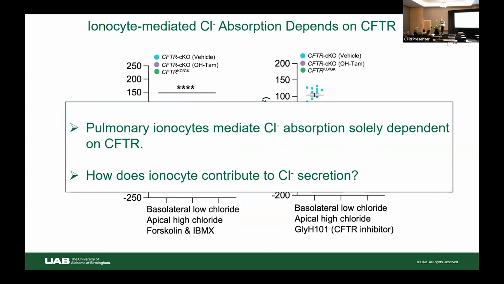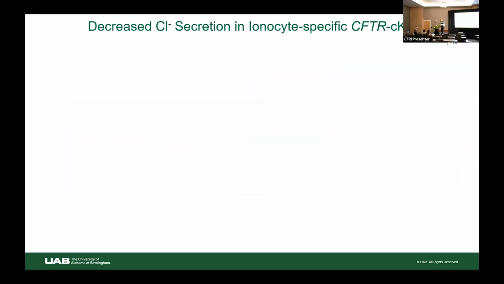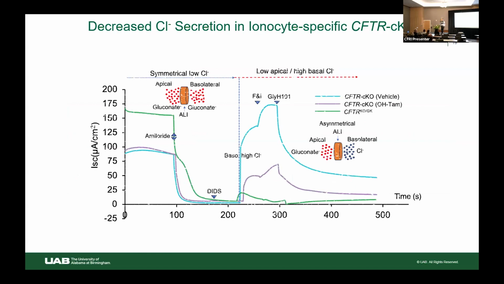Then the next question is how does the ionocyte contribute to chloride secretion? Similarly, we performed the Ussing chamber experiment. So we reversed the chloride gradient. We started the experiment from symmetrical no chloride and moved to no apical chloride and high basolateral chloride to make a driving force towards secretion.